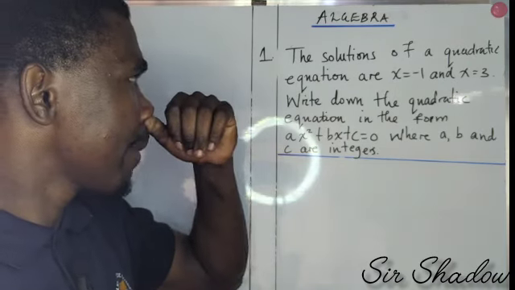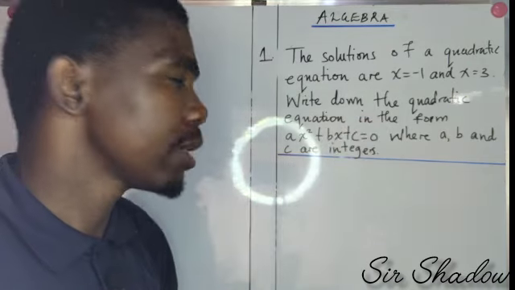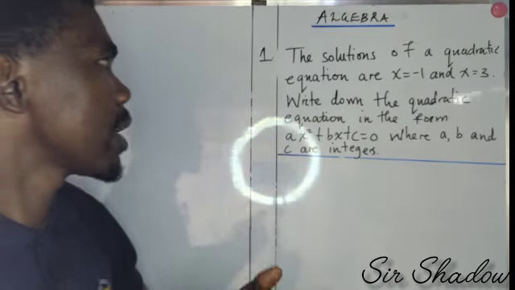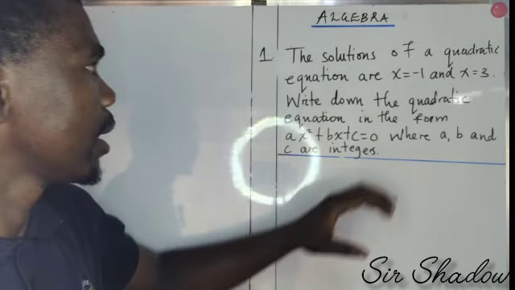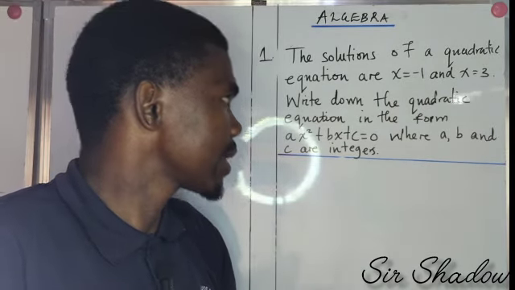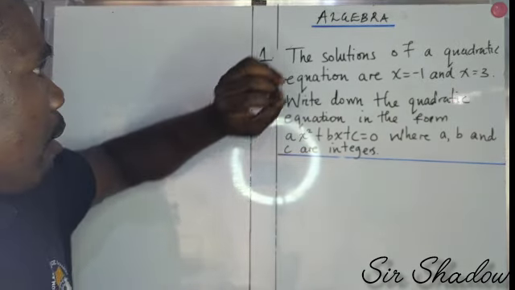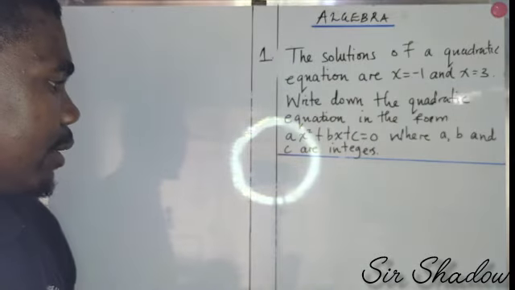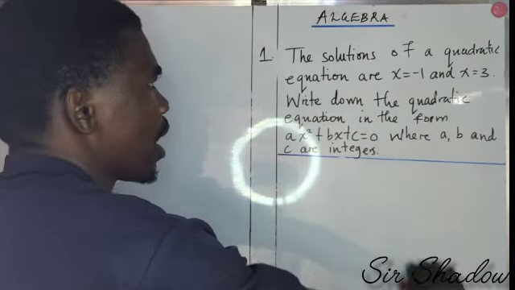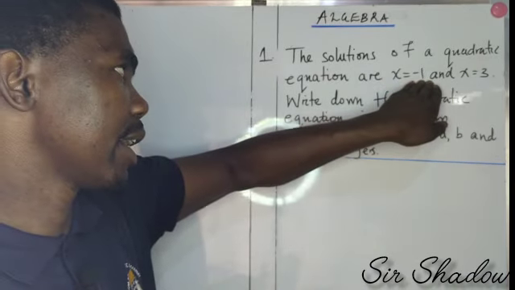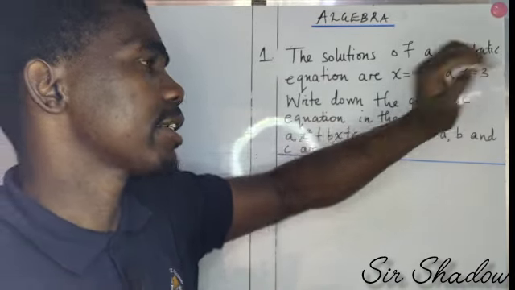So I came with such a type of question, and I want to explain what you are supposed to do so that you can come up with the best solution ever. From this question, we are given the solutions of a quadratic equation: x equals -1 and x equals 3.